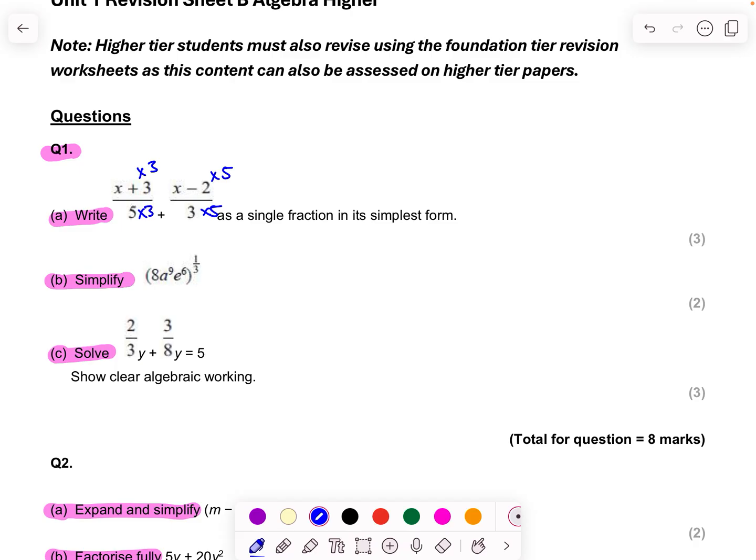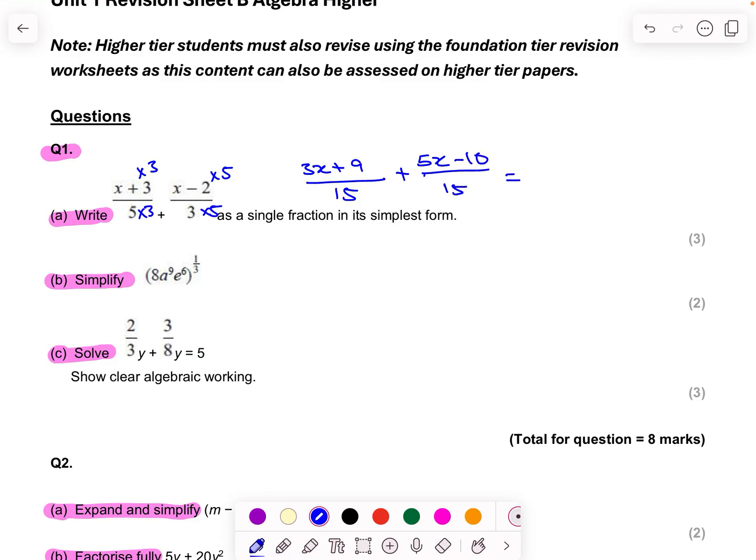So for the first fraction, I get 3x plus 9, because I'm multiplying it all by 3, over 15. Plus multiplying the whole of the second fraction by 5, 5x minus 10 over 15.